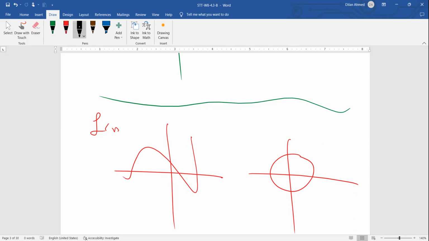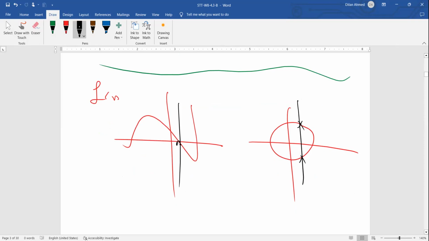Depending on the vertical line test, if a vertical line intersects at one point, it is a function. If it intersects at 2 points, it is not a function. So tell me, is that one a function or not? How about that one? Both are graphs.